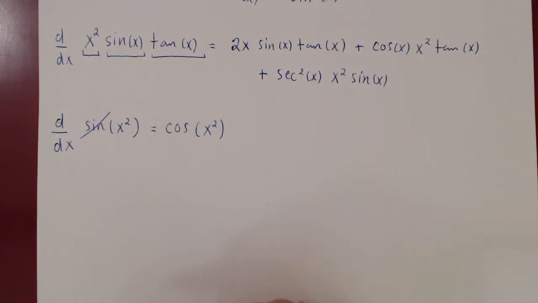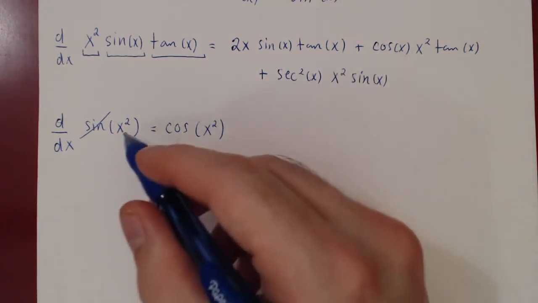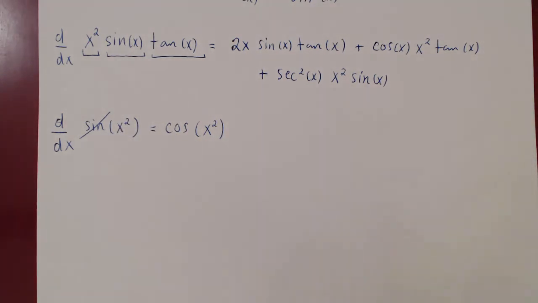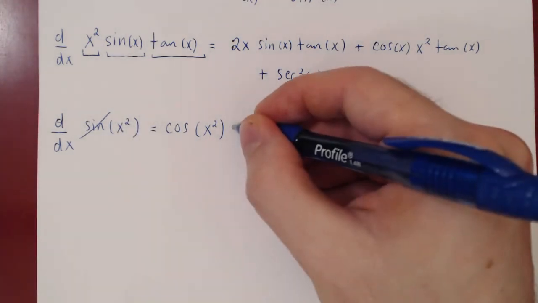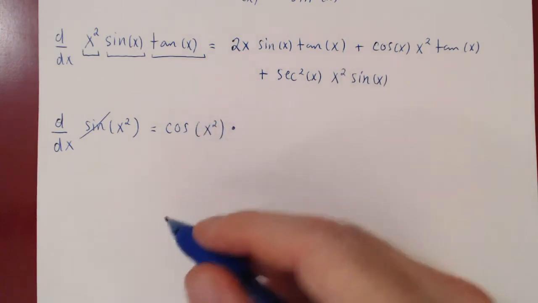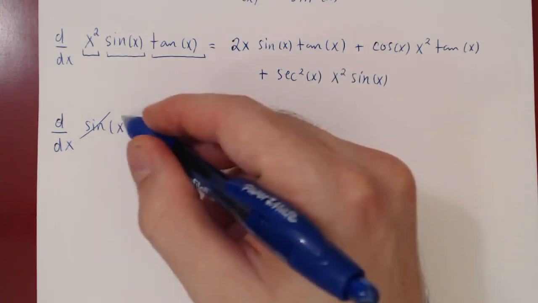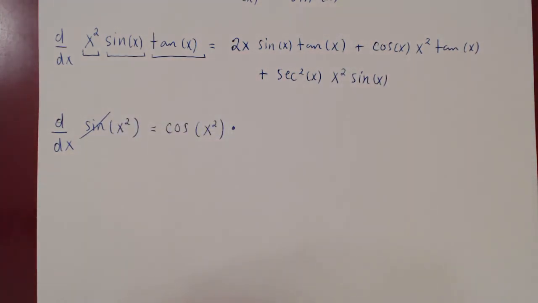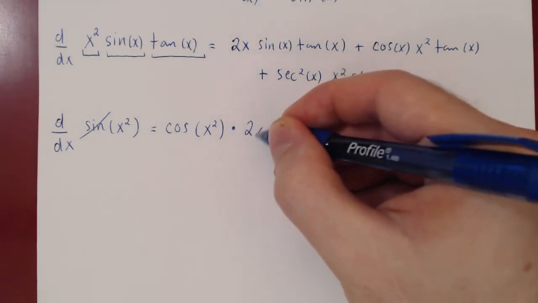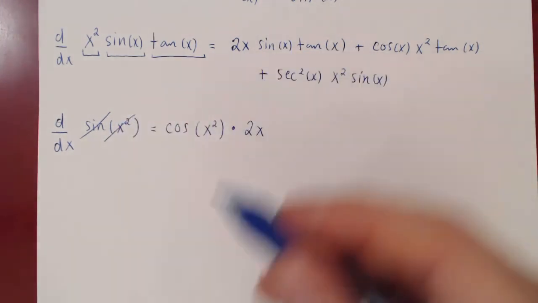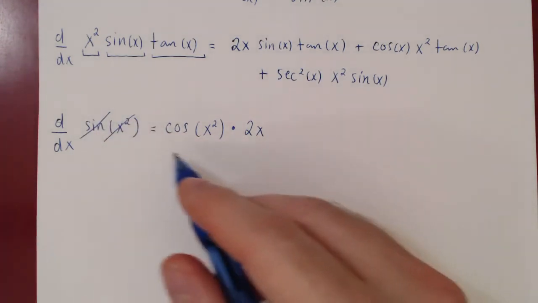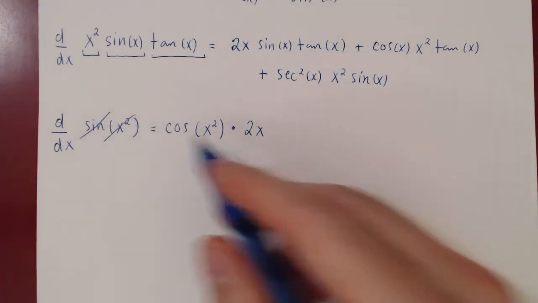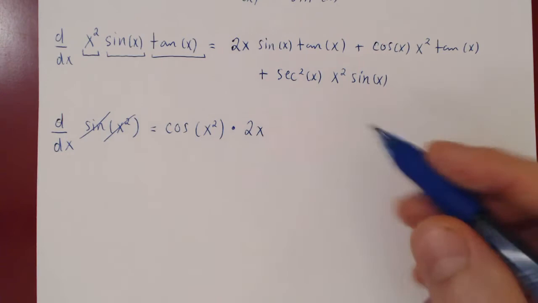But there is something left over that we have not differentiated, and that is the x squared term. So the chain rule says we have to multiply whatever we have thus far by the derivative of the leftover function. The derivative of x squared is just 2x. We differentiate, we cross off. Nothing's left over, so the derivative of sine of x squared is 2x cos of x squared.